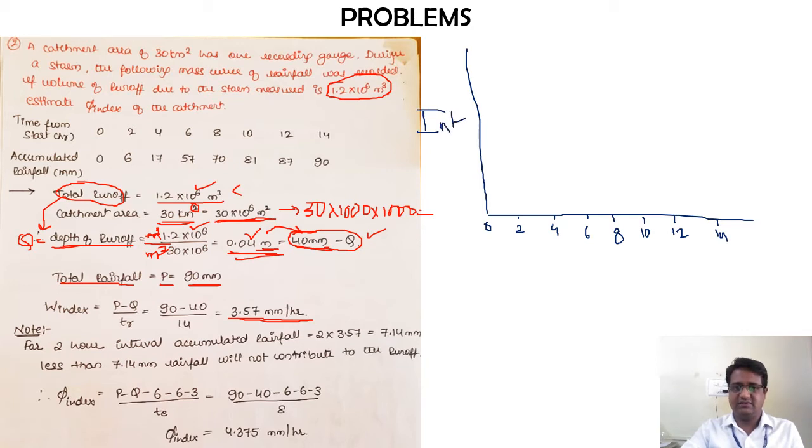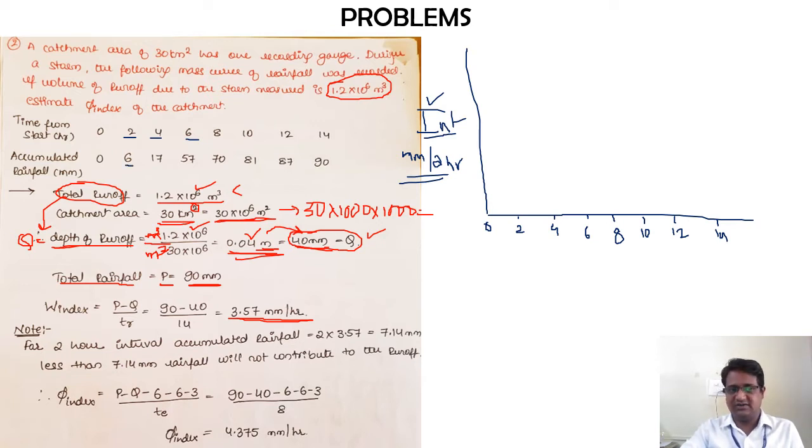Whenever we say intensity of rainfall, it will be in millimeters per hour. But for the sake of simplicity, since these ordinates are in terms of 2 hours, I am going to make millimeters per 2 hours my unit of intensity.